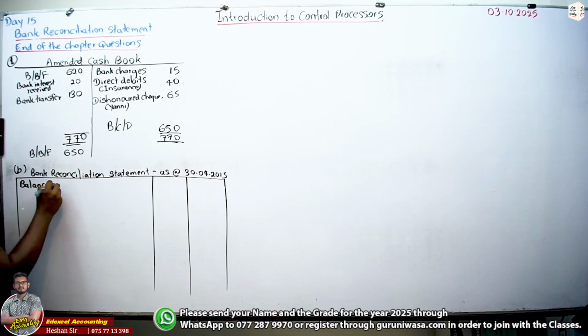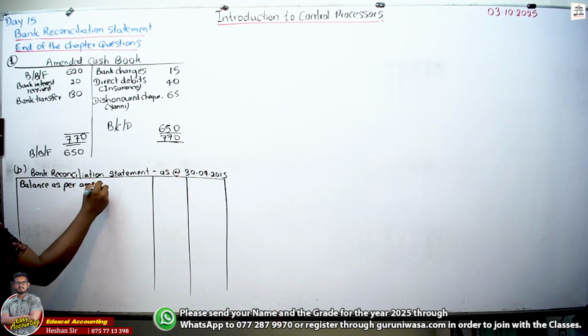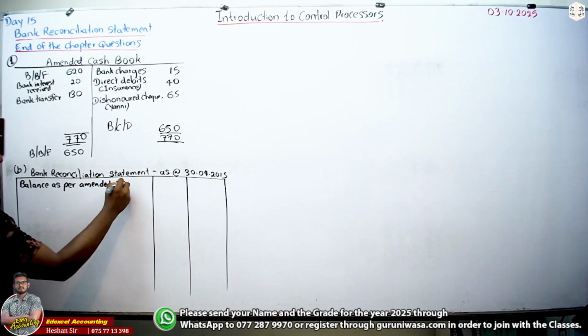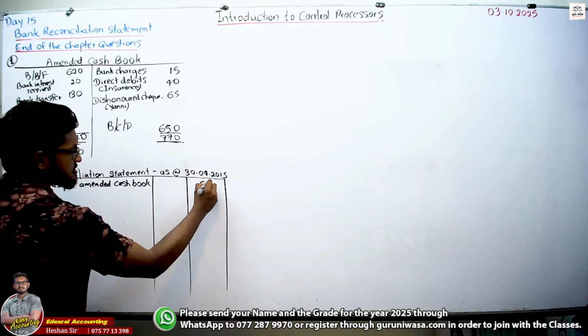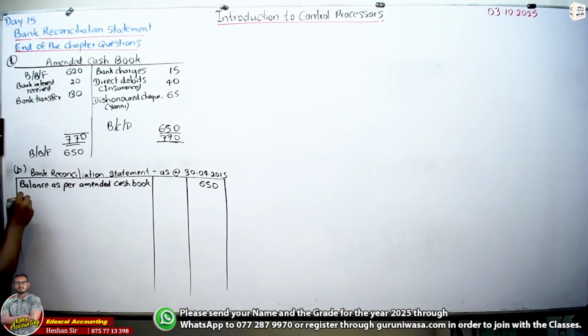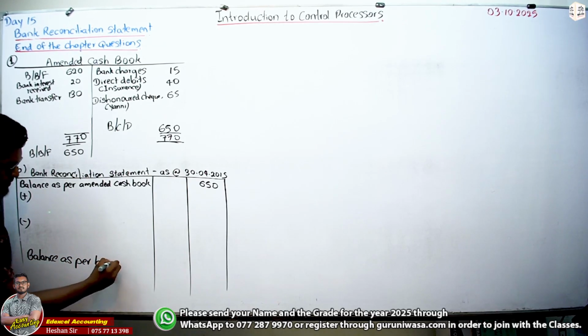Since they haven't given you otherwise, it is a debit balance, 650. If it is an overdraft, you need to deduct. Plus, minus, then balance as per bank statement.